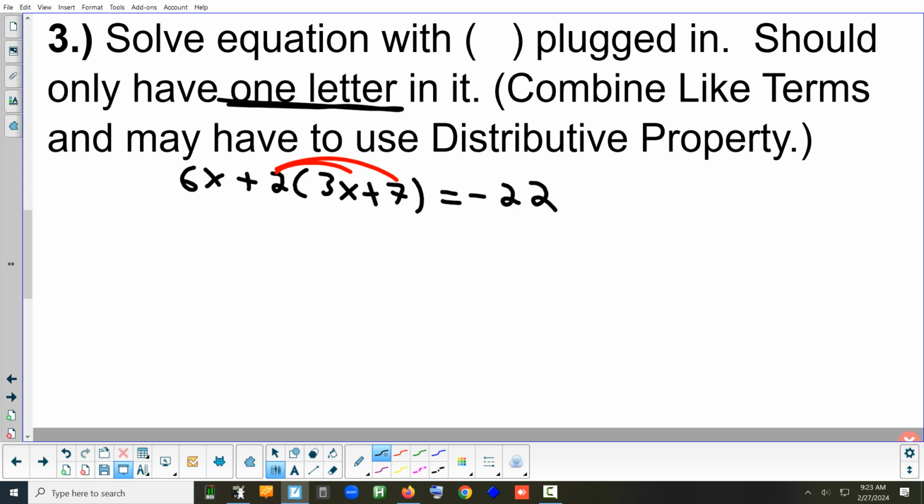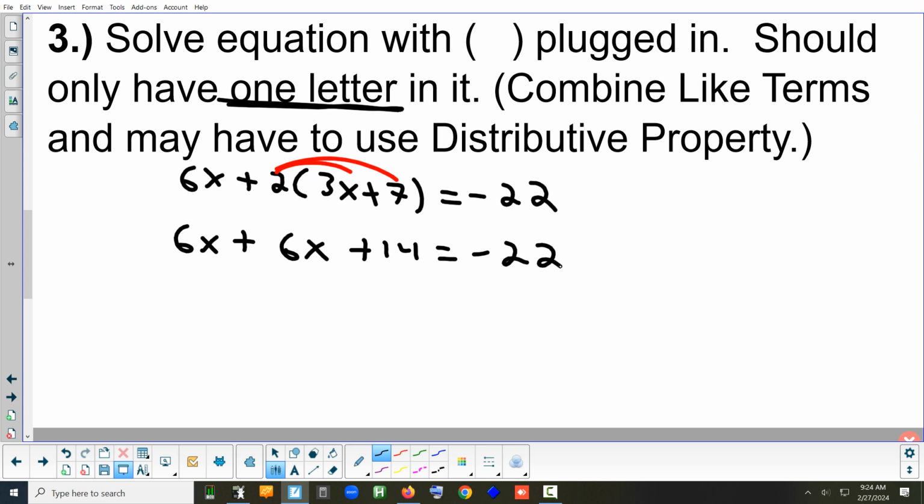When I distribute the 2, I'm going to have 6x plus, what's 2 times 3x? 6x again. And what's 2 times 7? 14. Okay, so the distributive property, that's gone.